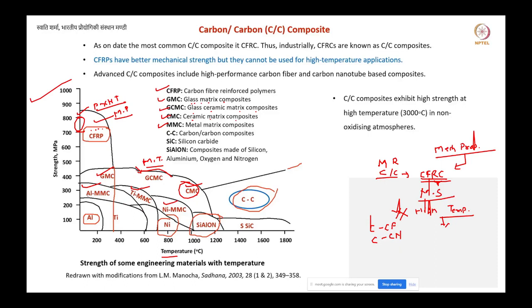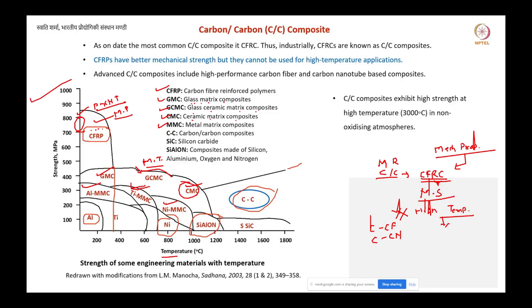In the aluminum, it will have a good mechanical strength, but the thing is you can't go to very high temperature. Somewhere you have to get a balance between the strength and the temperature. In titanium, it can go to a certain higher temperature, but strength is also good.